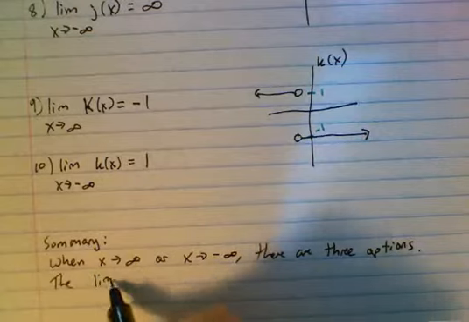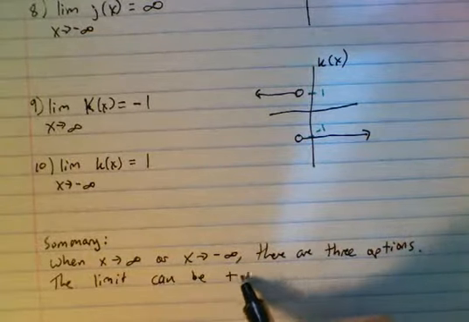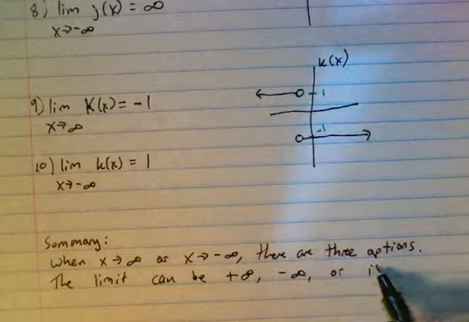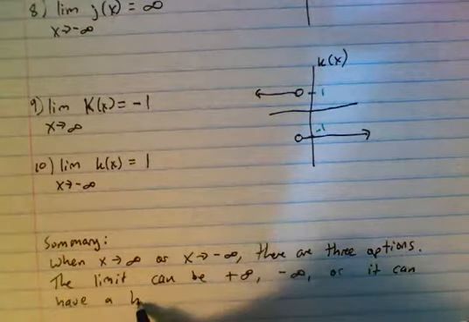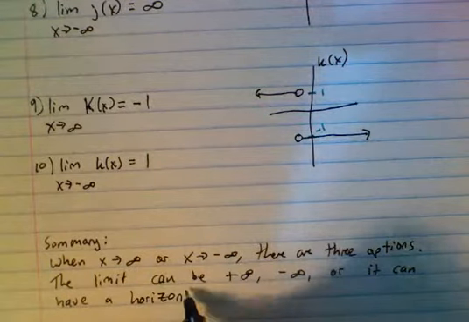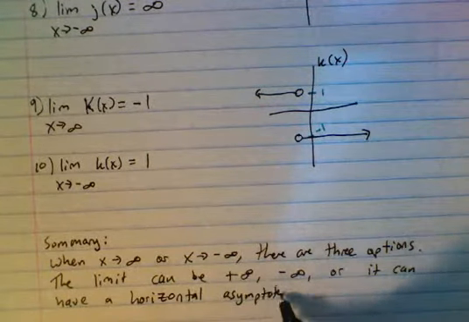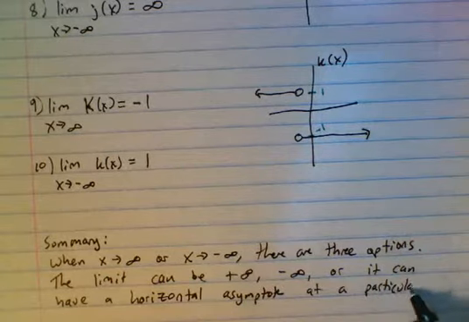The limit can be positive infinity, negative infinity, or it can have a horizontal asymptote at a particular number.